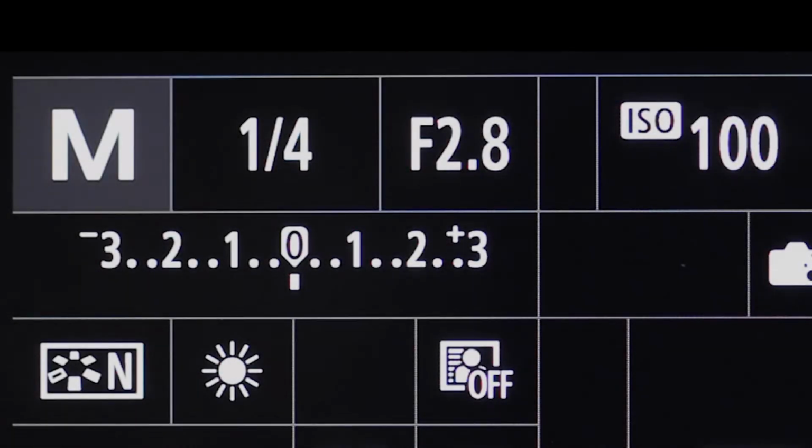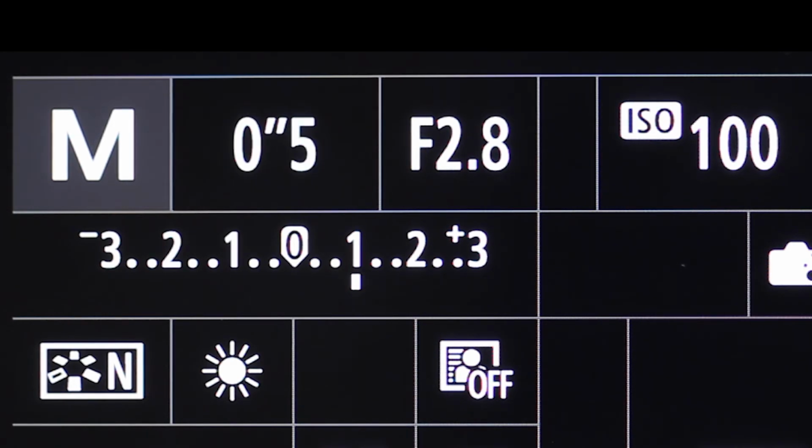Remembering that shutter speed changes the movement in the image, either freezing it or making it more blurred if the action is passing through your frame. Here I have a 1/4 of a second at f2.8, and when I change it down to a 1/2 a second, you see that I need to change the aperture to f4. If I'm changing to 1 second, I need to change the aperture to 5.6, and so on.